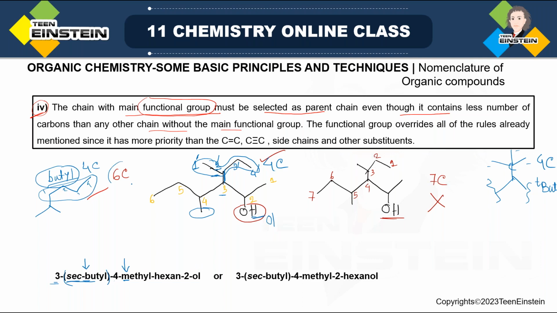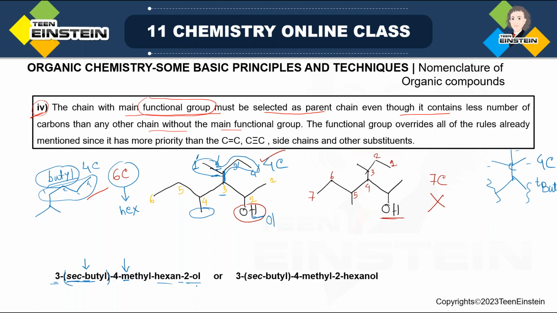And as there are a total of 6 carbon, the root word will be hex. And at 2 position there is a functional group, so that is why hexan-2-ol. And don't write this E, because if you write hexane with E, then it will be treated as if it is an alkane.